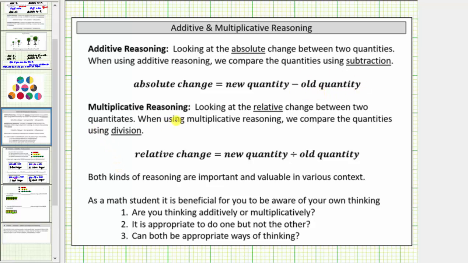And for multiplicative reasoning, we're looking at the relative change between 2 quantities, where the relative change would be the amount we multiply the old quantity by to get the new quantity. And we can calculate the relative change by taking the new quantity and dividing by the old quantity. So if needed, we can always use these formulas for additive and multiplicative reasoning.